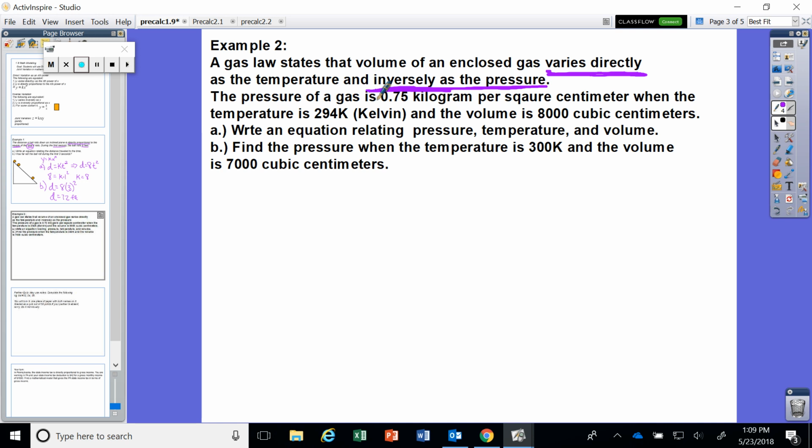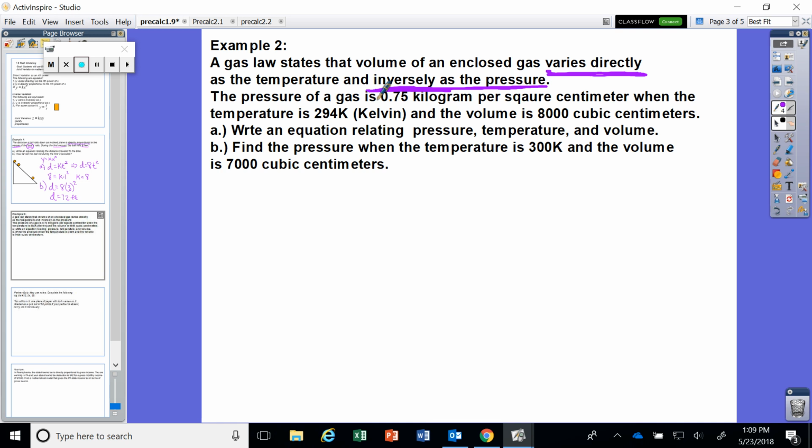The pressure of a gas is 0.7 kilograms per square centimeter when the temperature is 294 Kelvin and the volume is 8,000 cubic centimeters. Part A, write an equation relating pressure, temperature, and volume all together. Interesting. All right, so let's start off here.